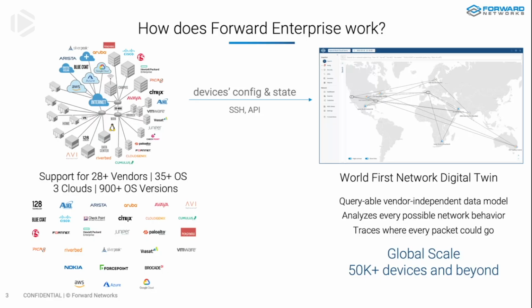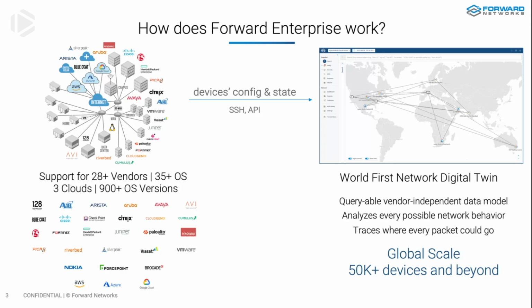So that's the cool thing, right? When we get all this data, we get it via SSH or API, depending on the platform we're connecting to. We run that through our mathematical model, and out comes a digital twin of the network, right? When we take that data in, not only do we put it through the math model, we normalize it and we put it into our data model.